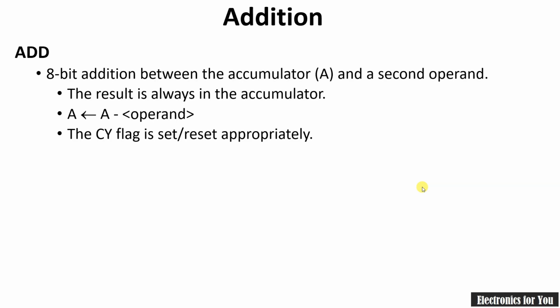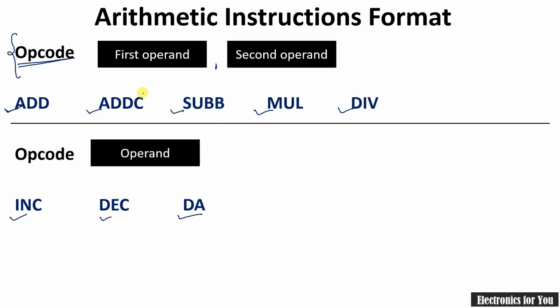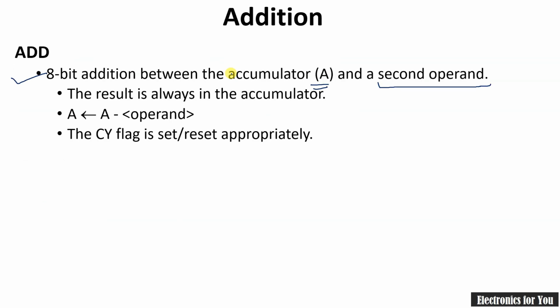Addition is used to add two different operands, and in case of 8051 only 8-bit addition is performed. So 8-bit addition between the accumulator and the second operand. The first operand will always be the accumulator, and the second operand, as I already explained, may be some different register, the direct memory address, indirect memory address or data, and the result is always stored in the accumulator.